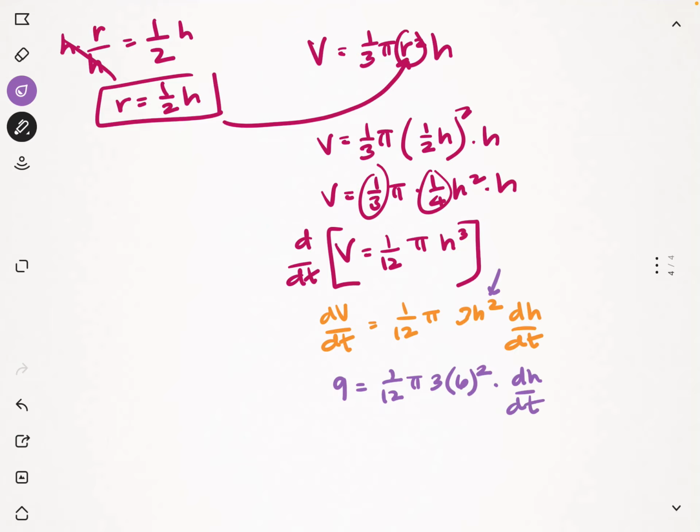So let's clean this up a little bit. We have 1/12. 6 squared is 36 times 3 is 108 divided by 12 is 9. So 9 equals 9 pi dh dt. And then we just have to divide by 9 pi. So then we get 1/pi.